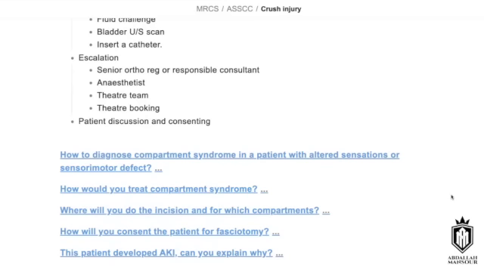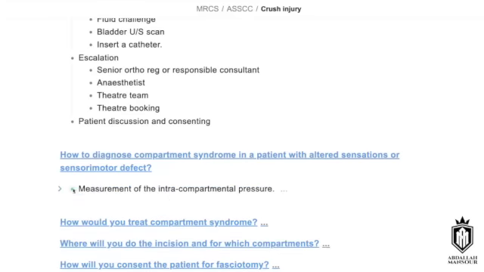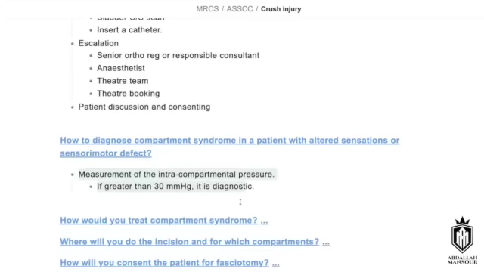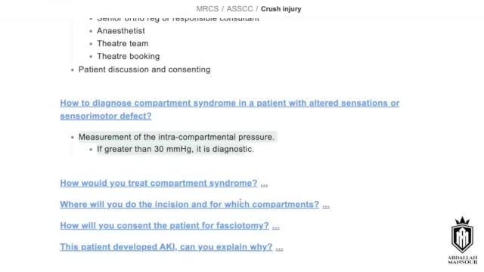No. So compartment syndrome is mainly a clinical diagnosis based on the history and the presentation. An additional investigation that can be done is measuring the intracompartmental pressure. So instead of just saying measuring the intracompartmental pressure, you can also say that it's mainly a clinical diagnosis.